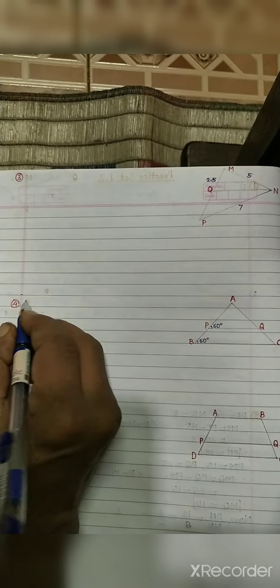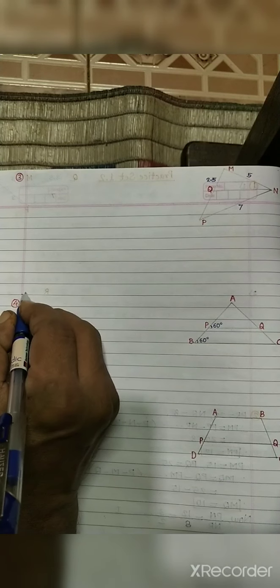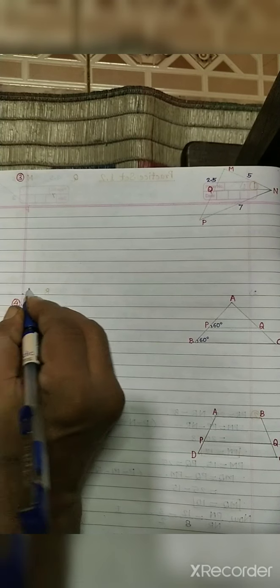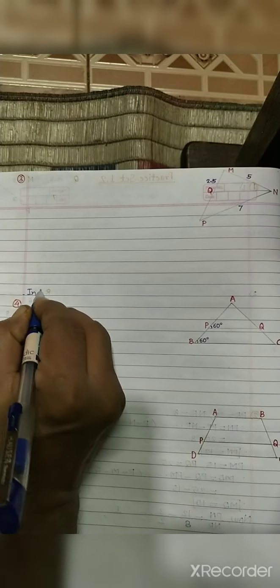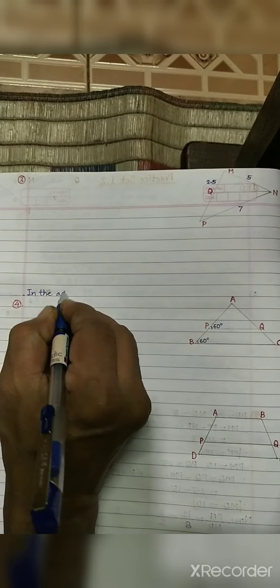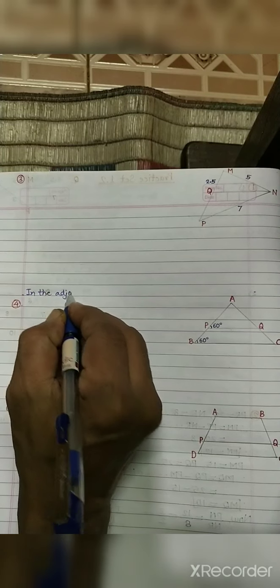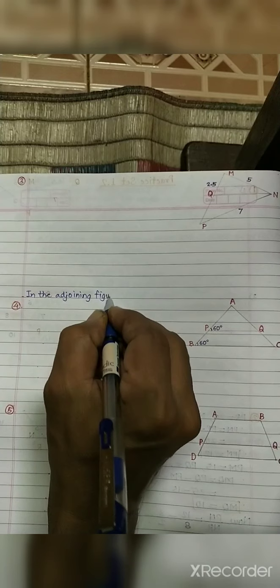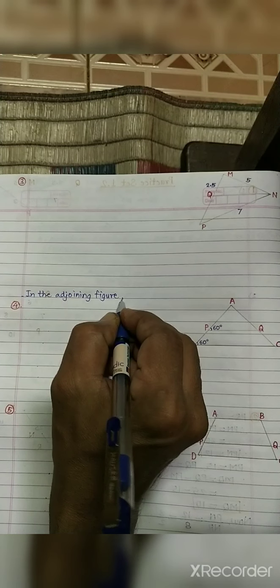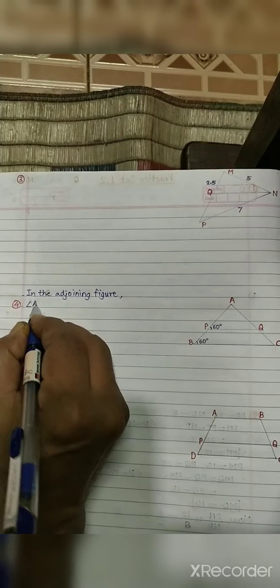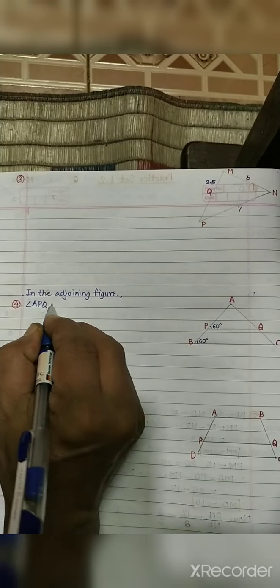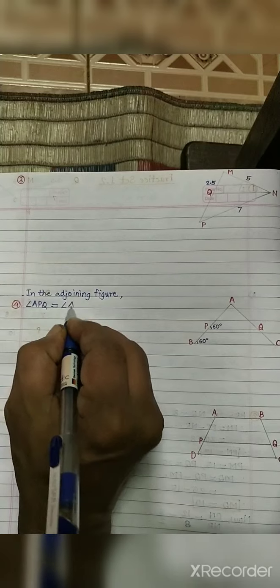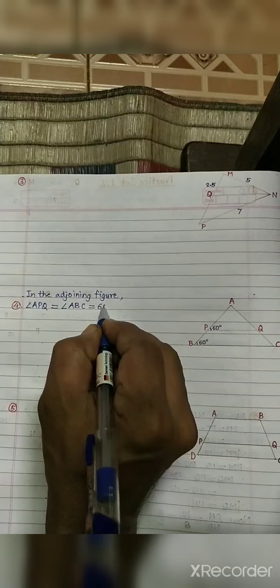Here, in the adjoining figure, angle APQ is equal to angle ABC is equal to 60 degree.